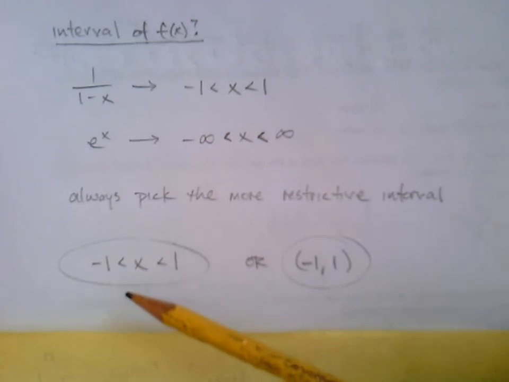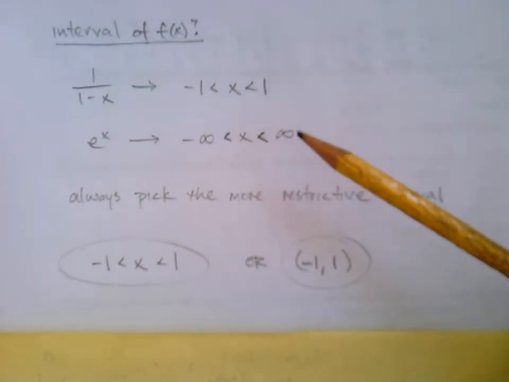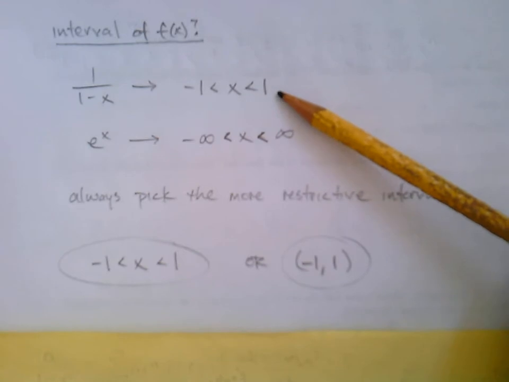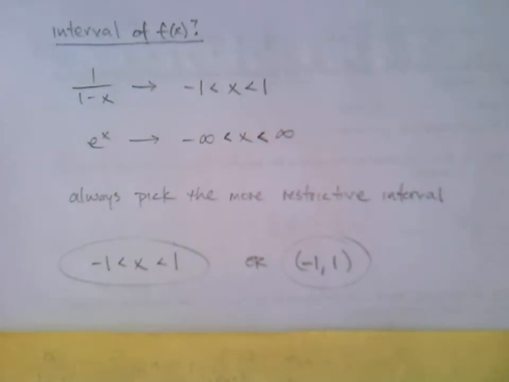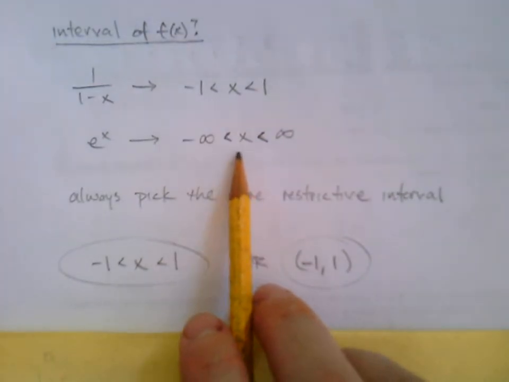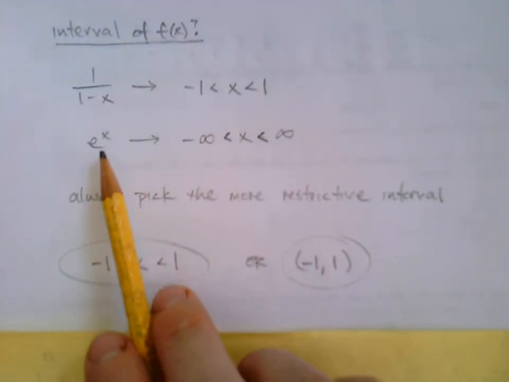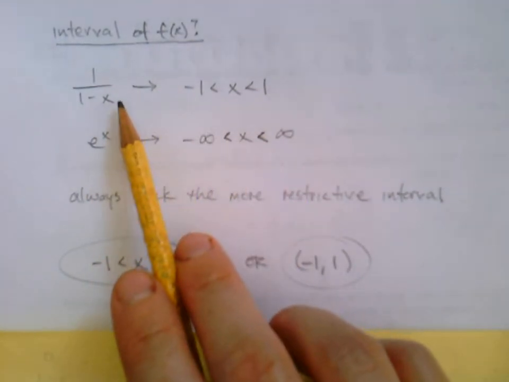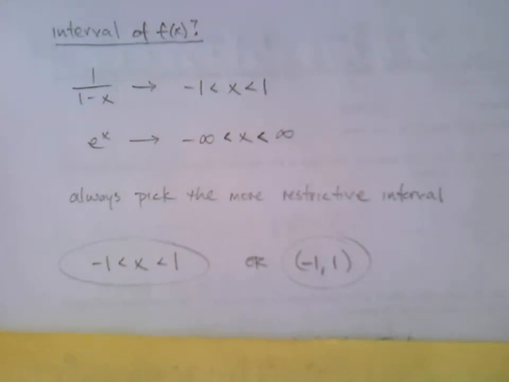And so we need the interval that works for both of them as the interval for f of x when we add the two together. Which one works for both? Well, the smaller one, the more restrictive, works for both. If we stray outside of -1 to 1, that would work for e to the x, but it wouldn't work for this anymore. That's going to diverge in the combination of the two.